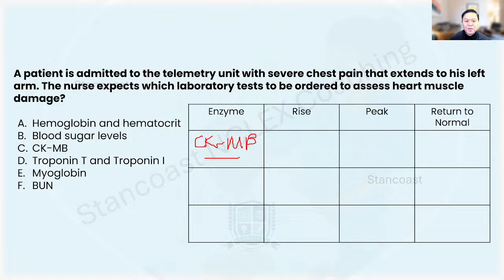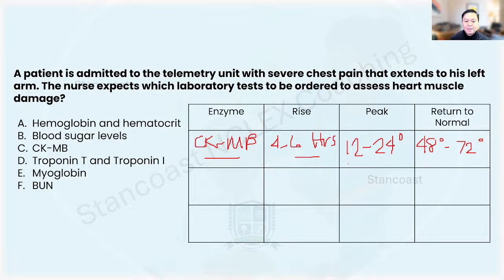This is going to elevate in 4 to 6 hours after the MI. Okay, again, it will elevate within 4 to 6 hours after that cardiac event. And it will now peak in about 12 to 24 hours, and it will return to normal in 48 hours to 72 hours.